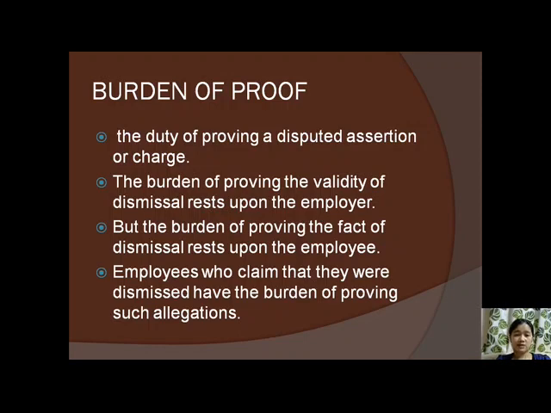And then for the employee side, the burden there is for the employee to prove the fact of dismissal. The burden of proving the fact of dismissal rests upon the employee. So in other words, the employee also needs to prove that the dismissal is illegal or not valid.